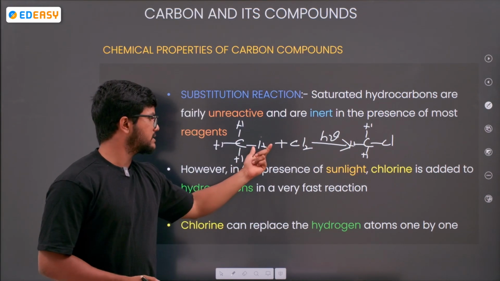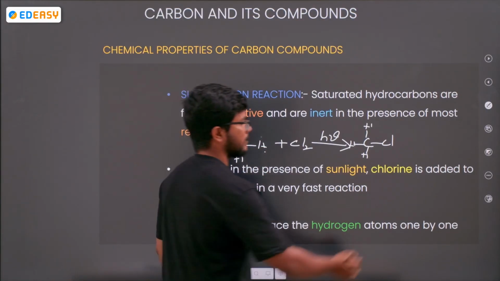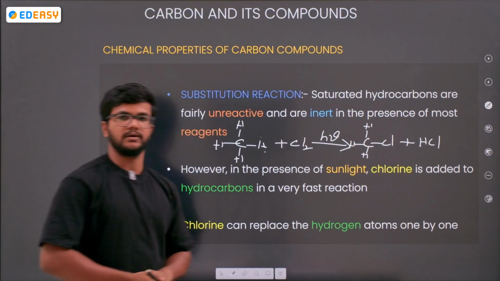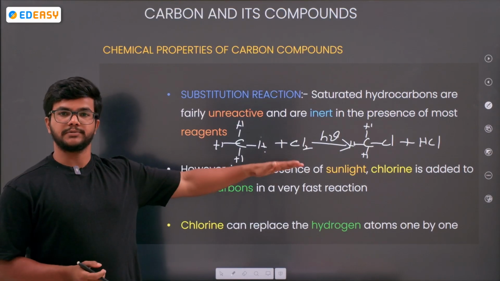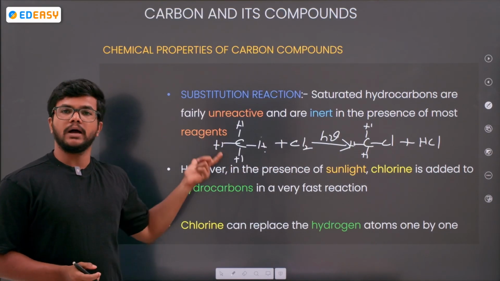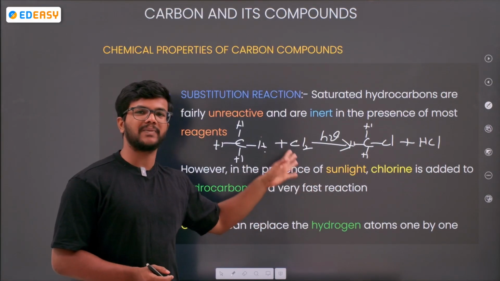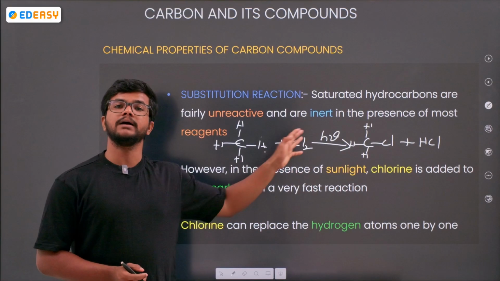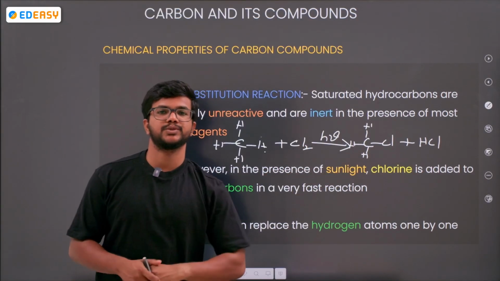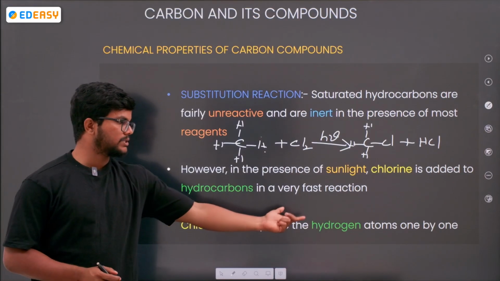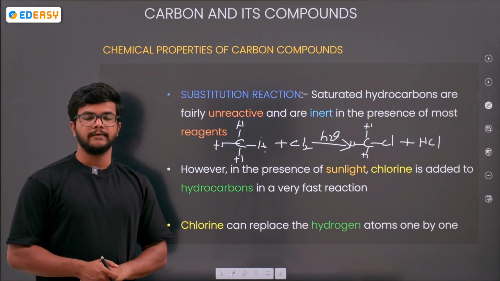One hydrogen is substituted by chlorine, and the extra product is hydrogen plus chlorine, hydrochloric acid. So this is how the substitution reaction goes. Saturated hydrocarbons in the presence of sunlight, chlorine replaces one of the hydrogens, giving the substituted compound. Chlorine can replace the hydrogen atoms one by one.